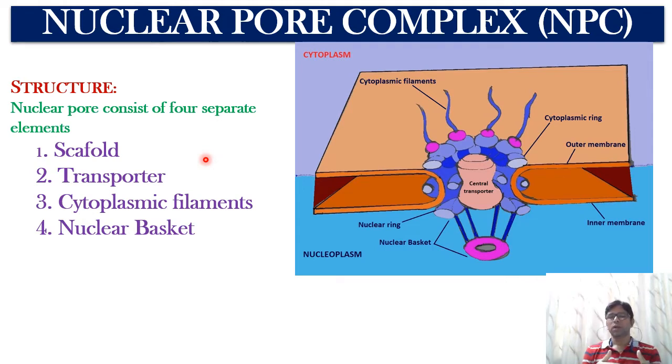The transporter consists of two irises and each iris has 8 arms.